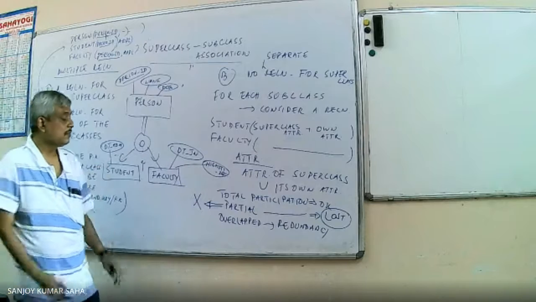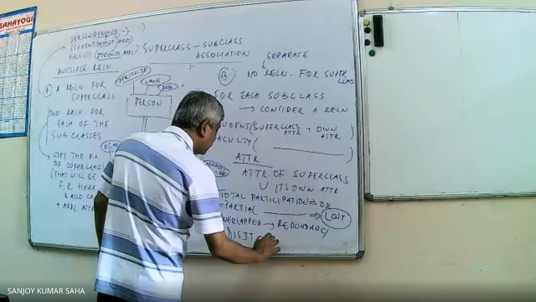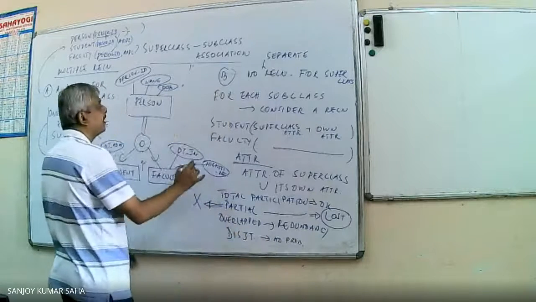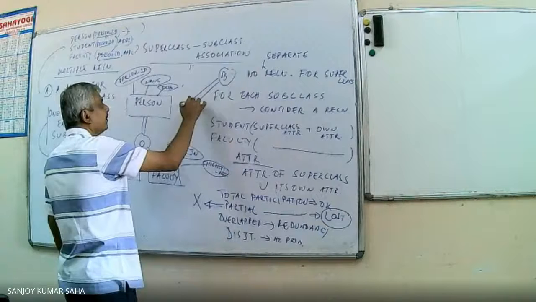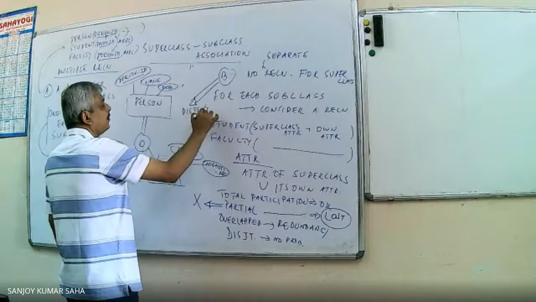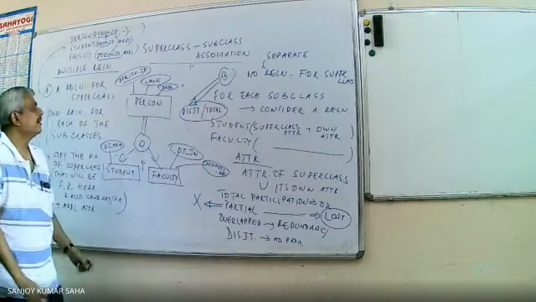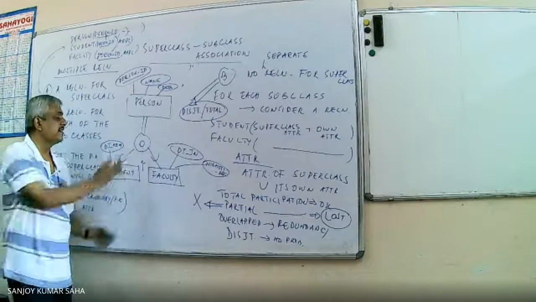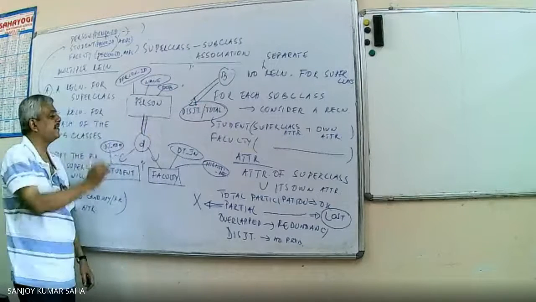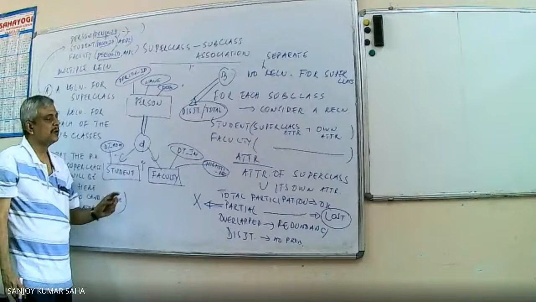If it is disjoint, no problem. So basically, this model is suitable if it is disjoint and total. If the specialization is disjoint and if the participation or completeness constraint is total, then this model will be useful.